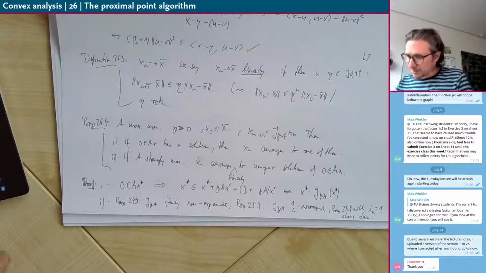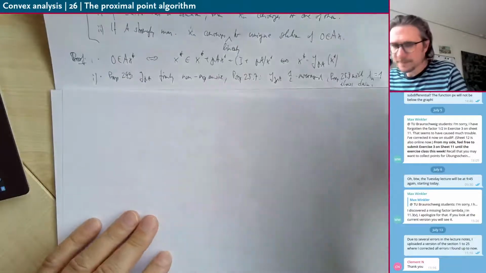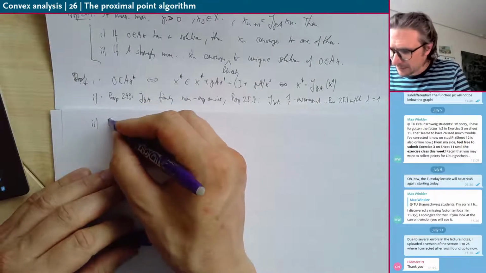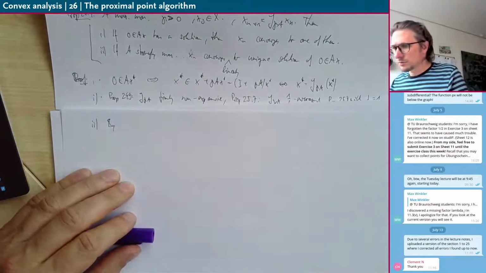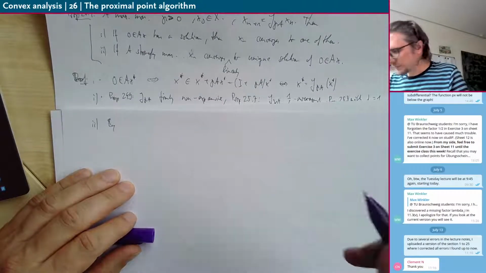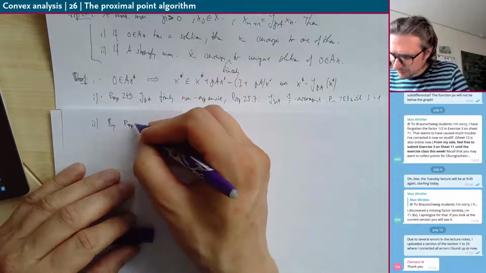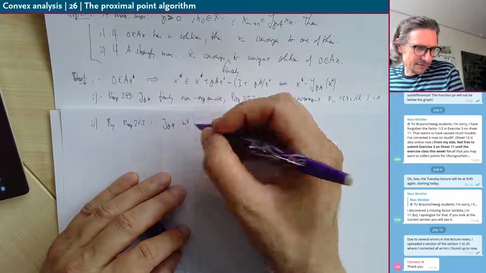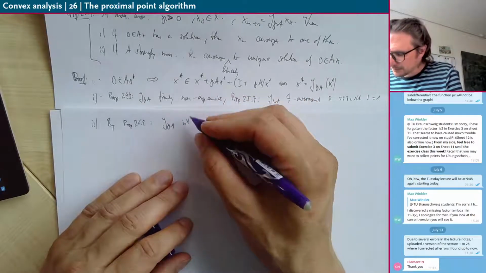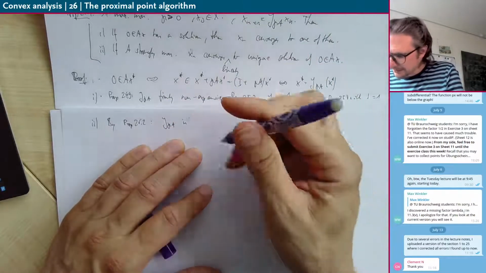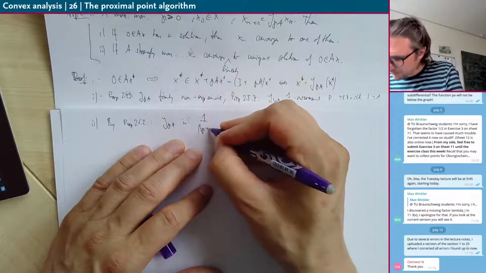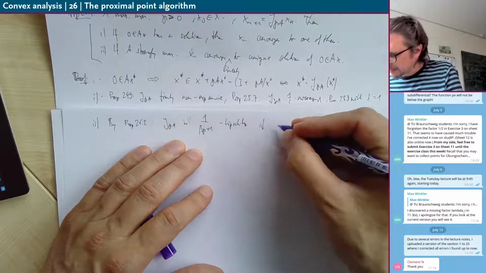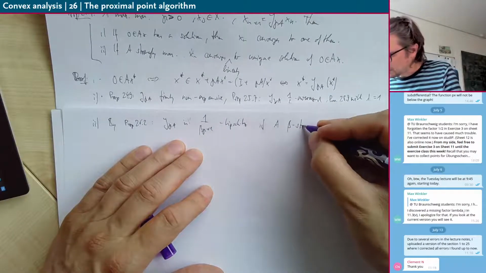And the second part is even simpler. By proposition 26.2, J_{gamma A} is 1 over (beta gamma plus 1) Lipschitz if A is beta strongly monotone.